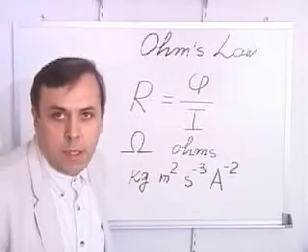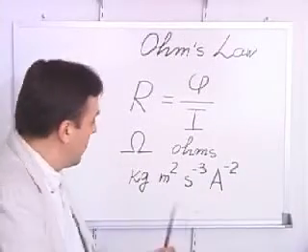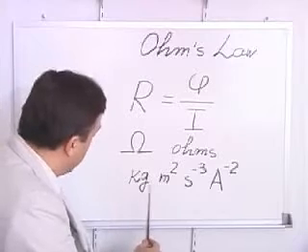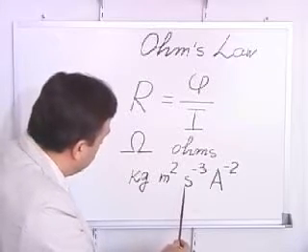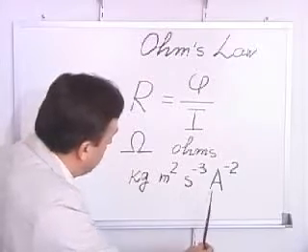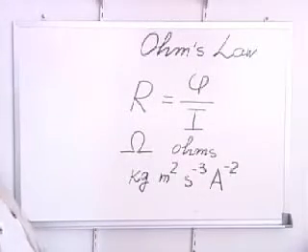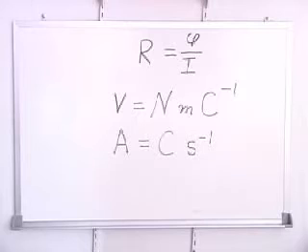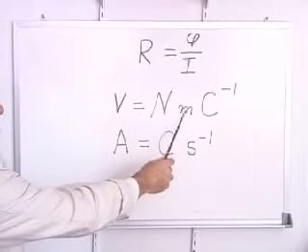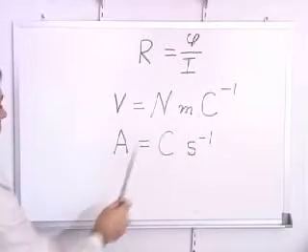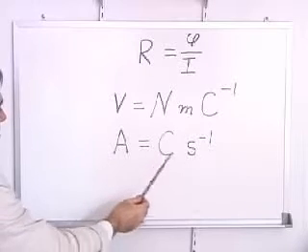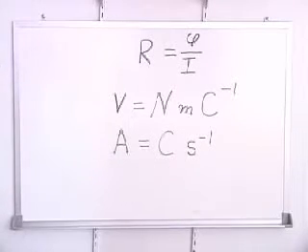When basic SI units are used, the resistance is expressed in kilograms times meters squared times seconds to the minus third times amperes to the minus second, because in SI system, volts are newtons times meters times coulombs to the minus first, and amperes are coulombs times seconds to the minus first.